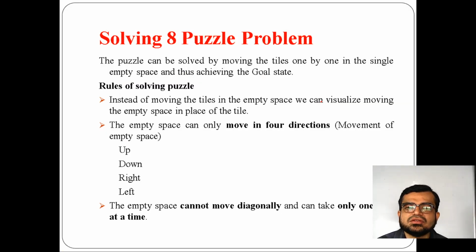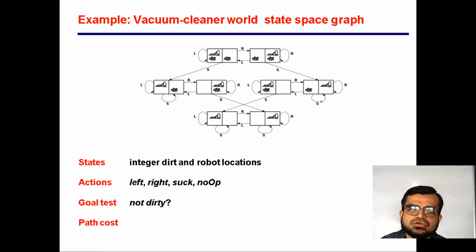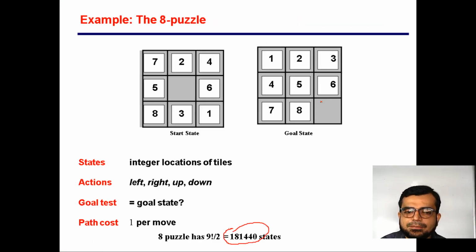Now the next is solving the 8 puzzle problem. As I have already discussed, we have a start state and a goal state, and we are performing only 4 directions: moving left, right, up and down.